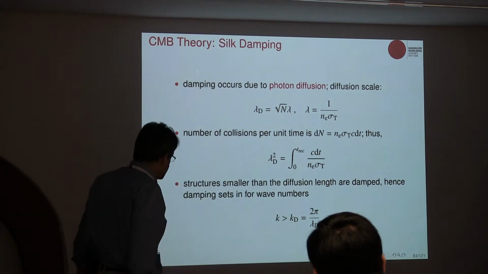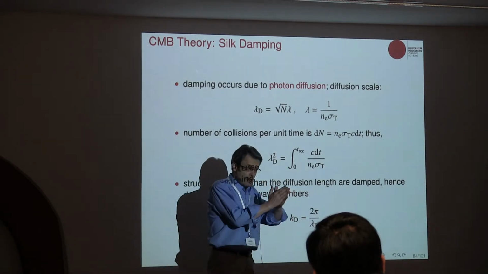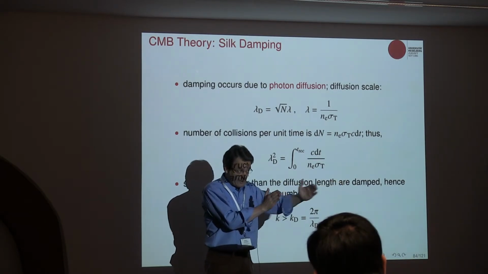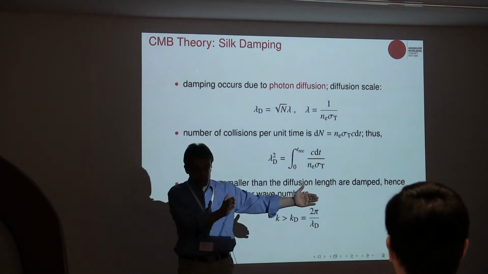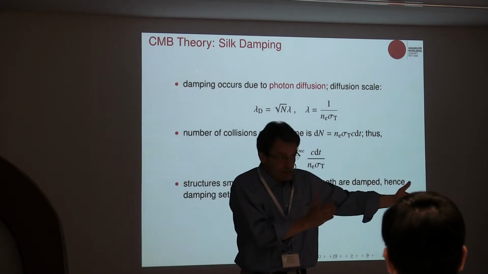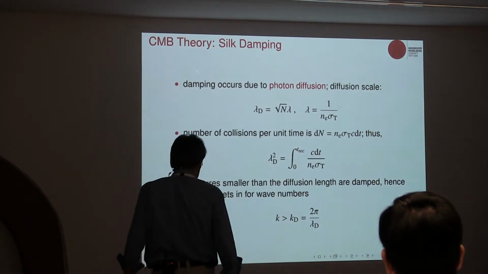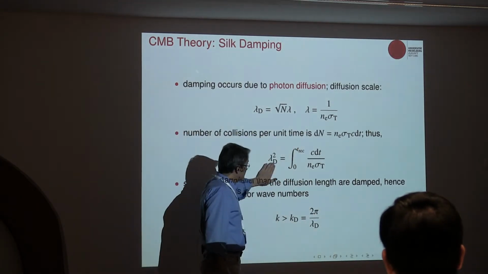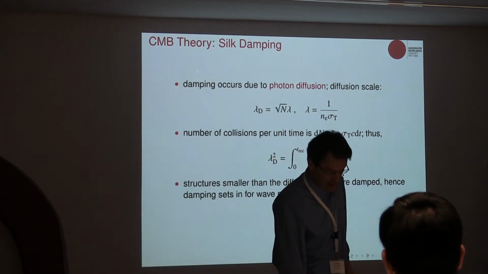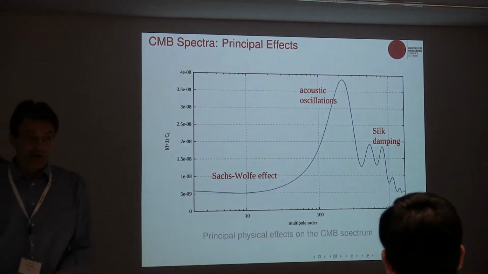And so you can calculate this, and then you find above which wave number or which multipole order, or in other words, below which scale you expect to see the onset of photon diffusion, and thereby the suppression of fluctuations in the microwave background. This effect is called Silk damping, after Joe Silk, who first discussed this. So these are the three effects that we expect to see in the cosmic microwave background power spectrum.